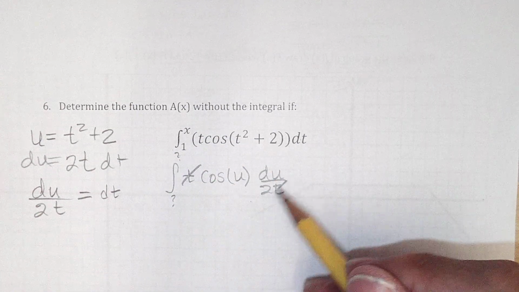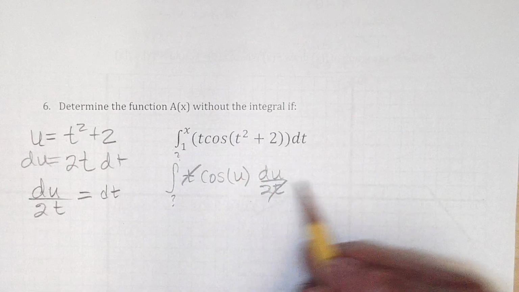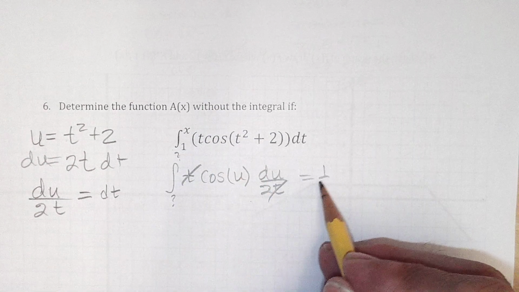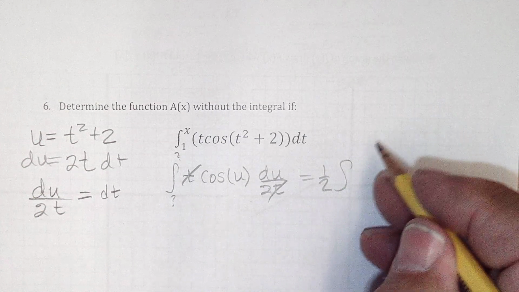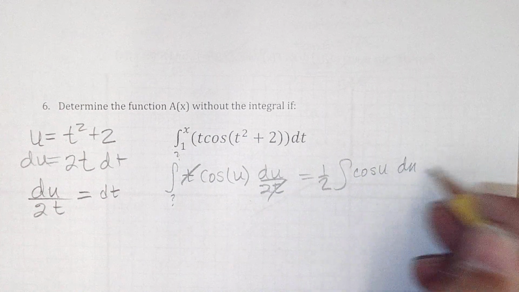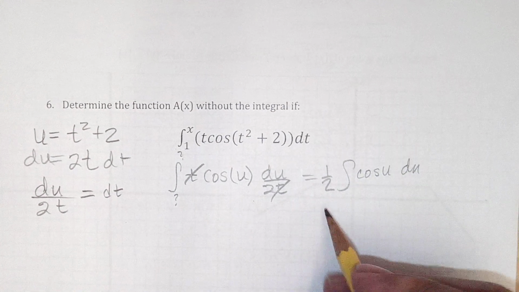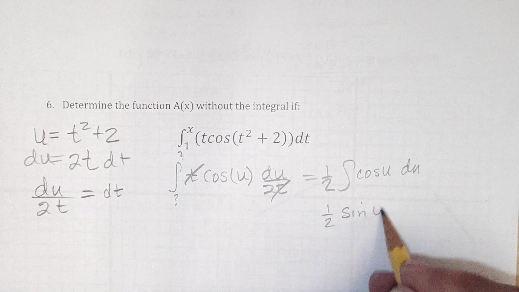The t's cancel. The 2 in the denominator pulls out, and it becomes 1/2 the antiderivative of cosine u du, which is sine u.